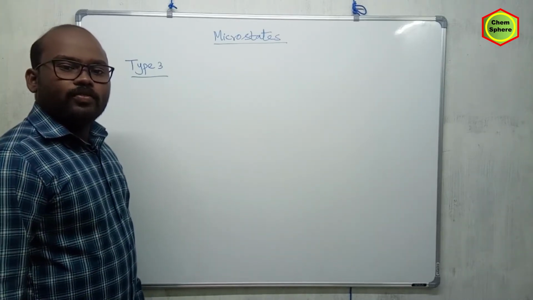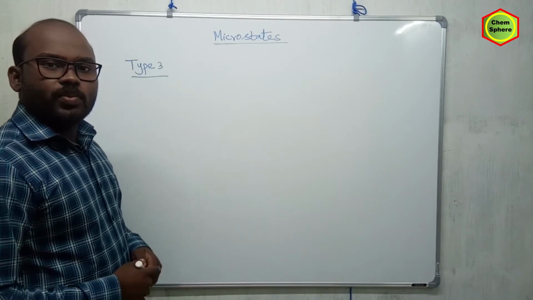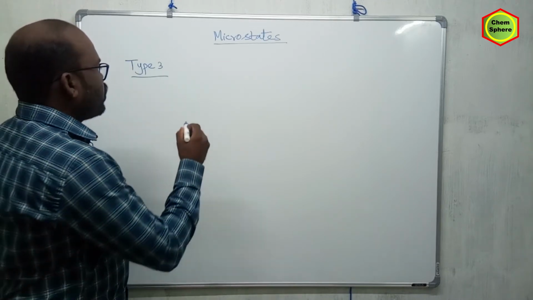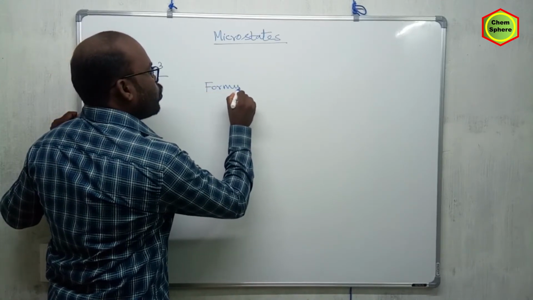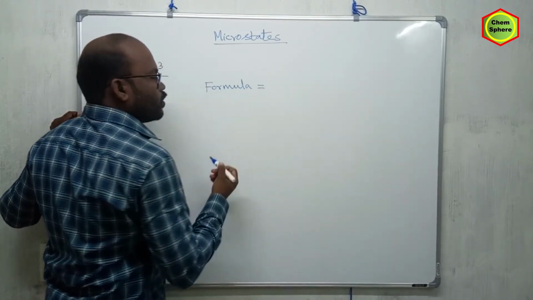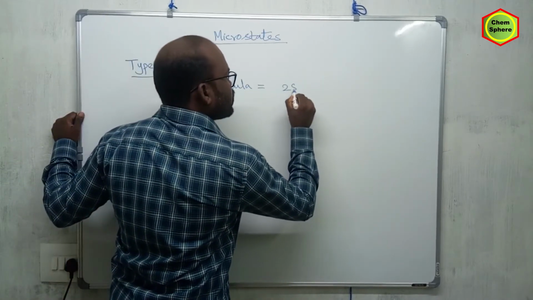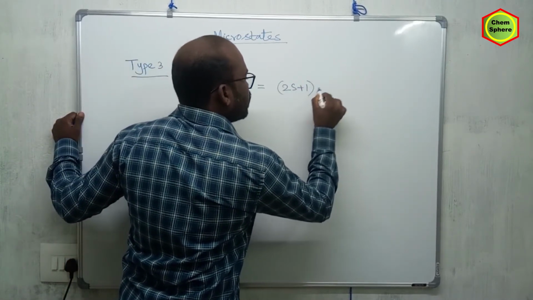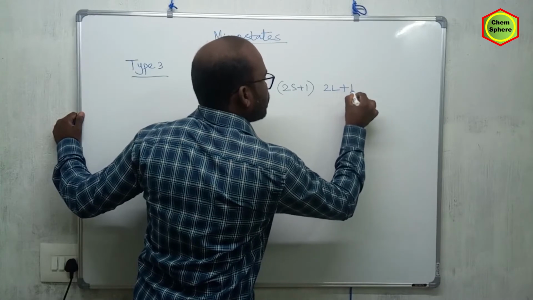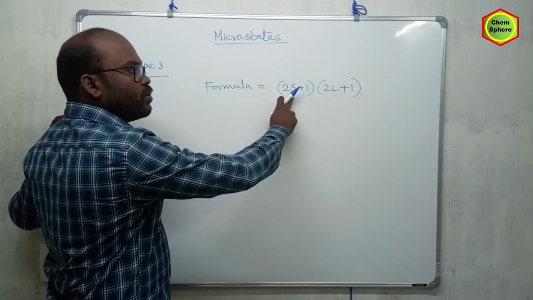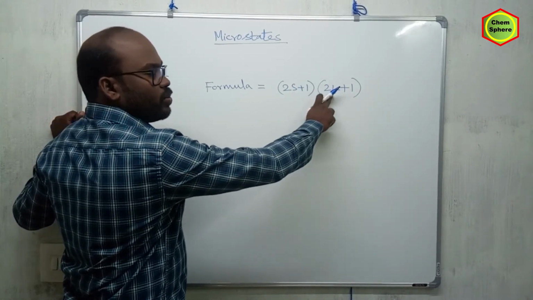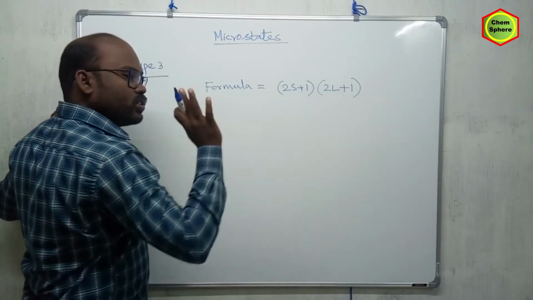What is the formula if they have given spectroscopic terms? The formula is (2S+1)(2L+1). Here we know 2S+1 means spin multiplicity, and 2L+1. We have to multiply both of them, that's all.